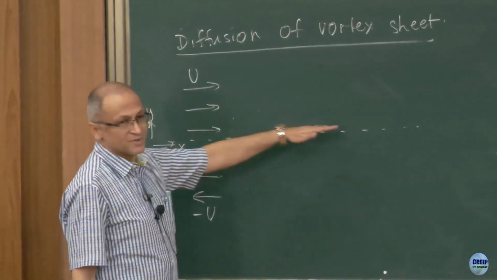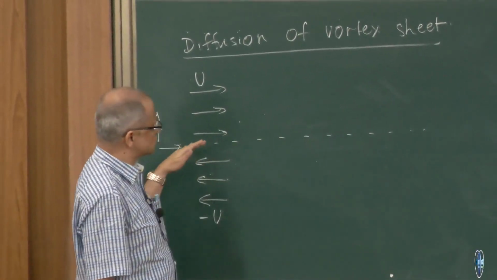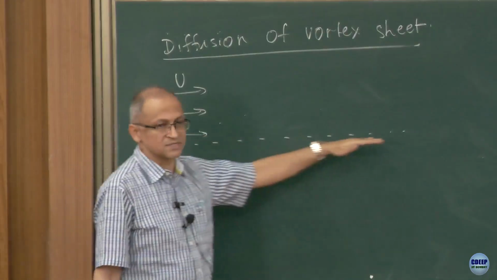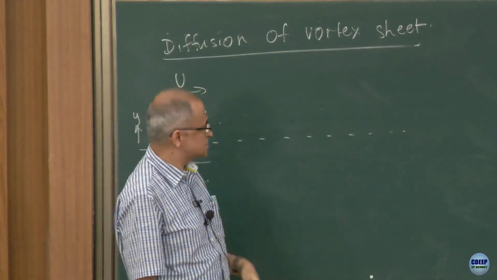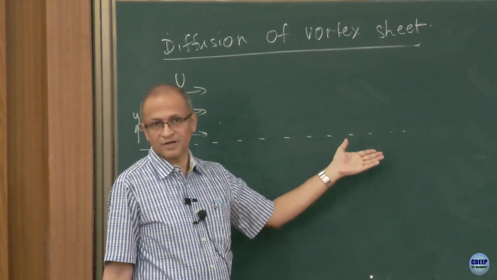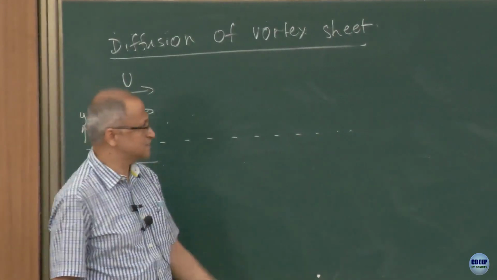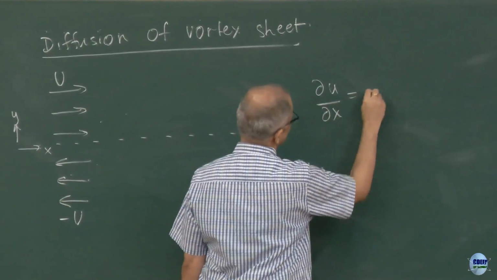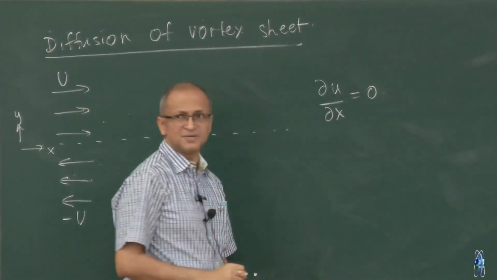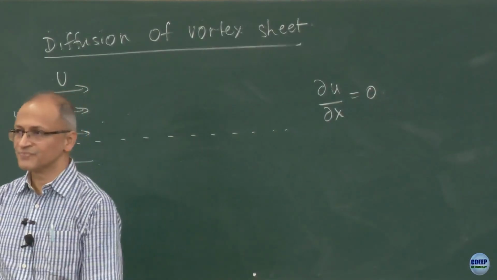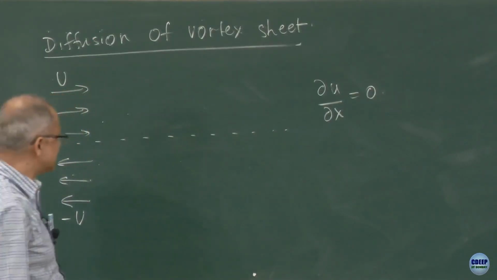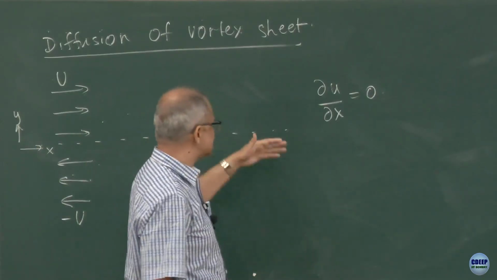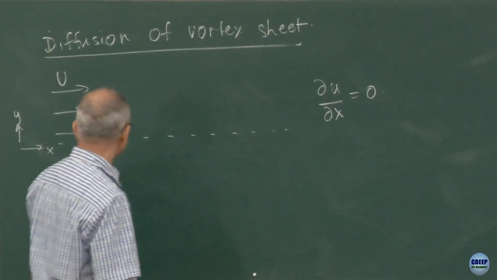So here, maybe to begin with, along the x direction, we know that this is a very large interface. So along the x direction, we have already argued so many times that ∂u/∂x is equal to 0, and from continuity it means that ∂v/∂y is equal to 0. Okay, and here it is not very clear why v should become 0 all throughout, but it does become v equal to 0.